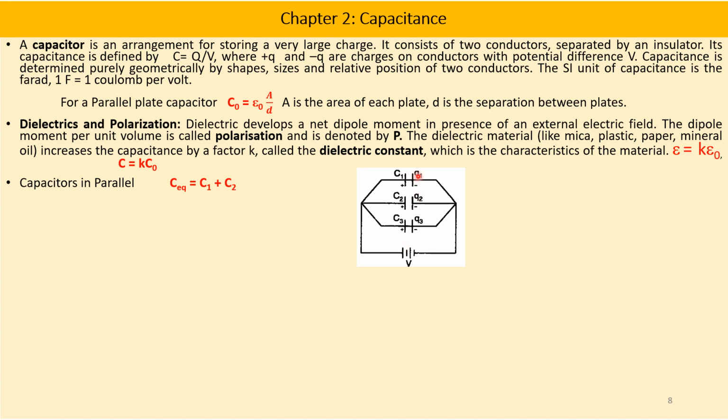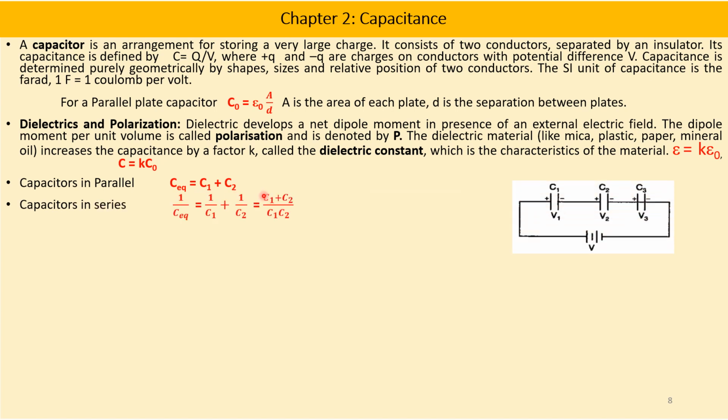Similarly, the negative side of the plates is joined together and connected to the negative part of the battery V. We have also studied in our regular section that the value of the equivalent capacitance is given by C1 plus C2 plus C3, etc. Here in the formula we have shown only two capacitances.